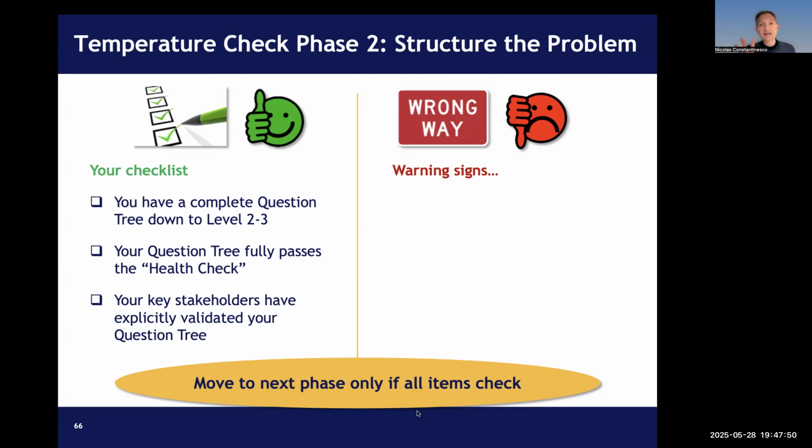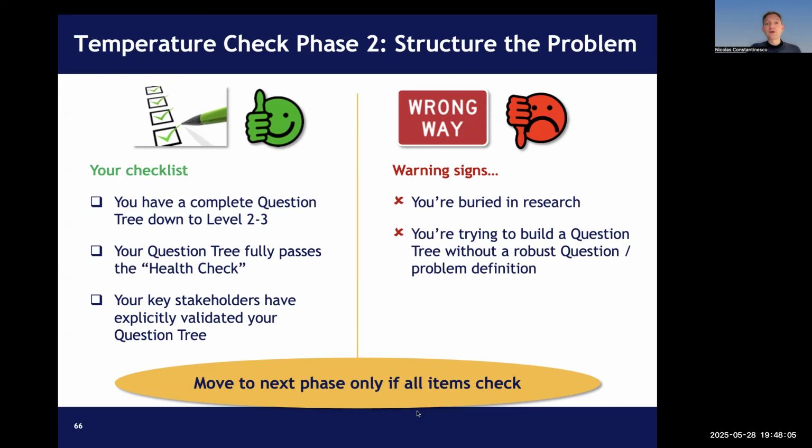The warning signs at this stage: to be buried in research. Research at this stage is not what you want to do. It's not your friend. Trying to build a question tree when your question itself is too vague is very difficult to do, because you're building on top of the questions, and the question needs to be really sturdy, really specific.